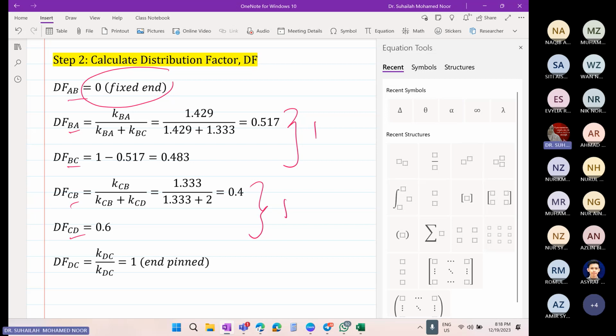That is why the DFAB, the DF at a fixed end, is 0. Because a fixed end is actually not the end of the structure.